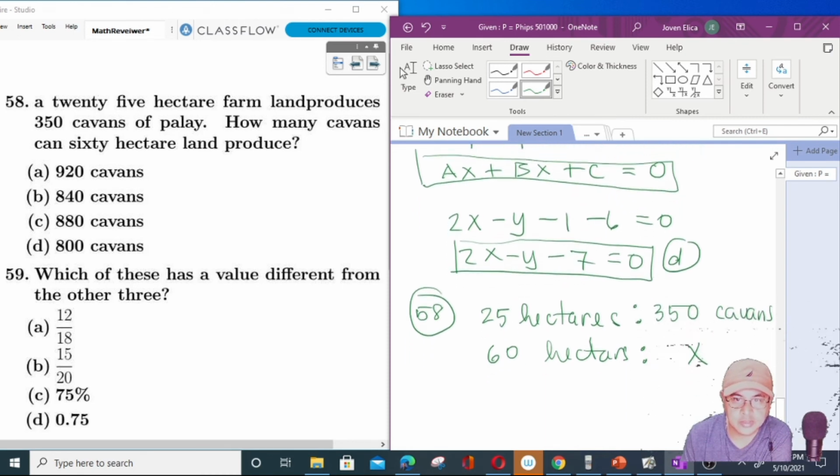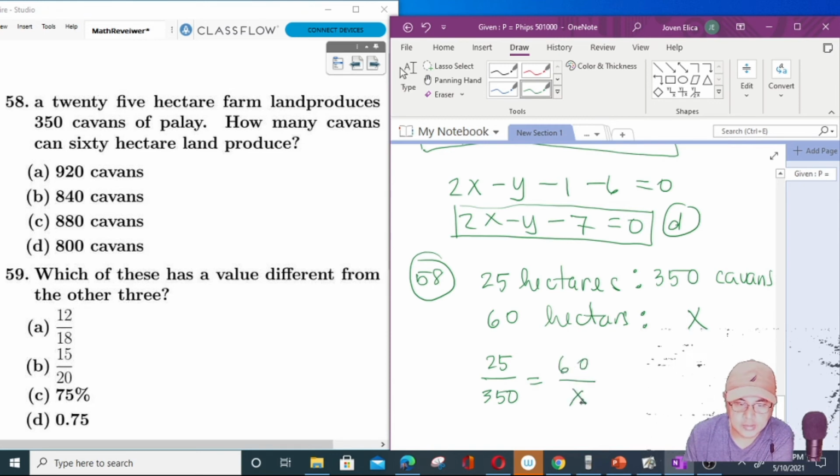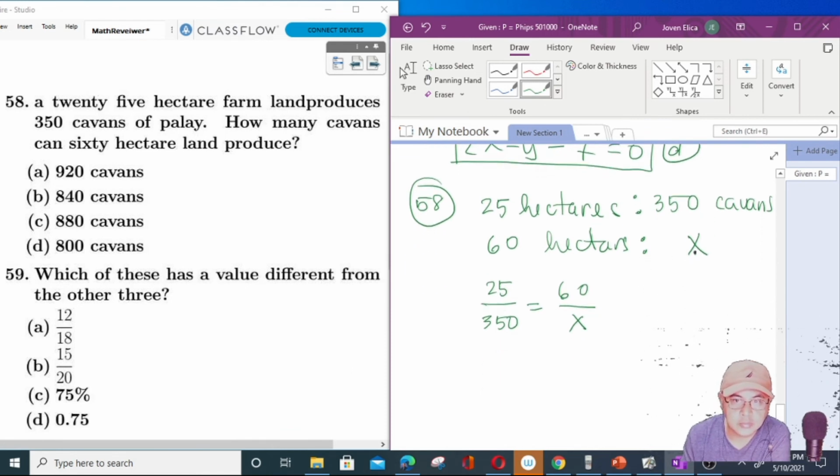So this is a simple ratio and proportion. We'll just write the given as 25 is to 350 equals 60 is to X. To find the value of X, which is the number of kabans in 60 hectares, just cross multiply. 25X is equal to 60 multiplied by 350.